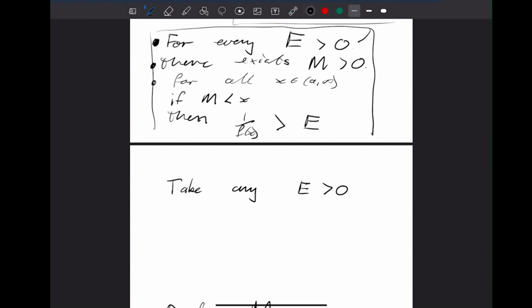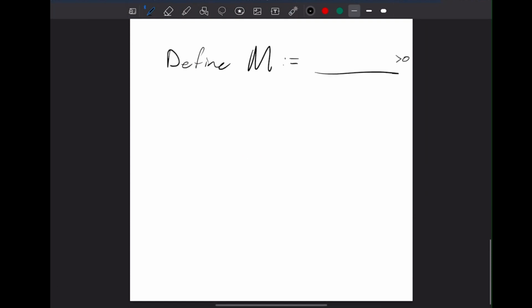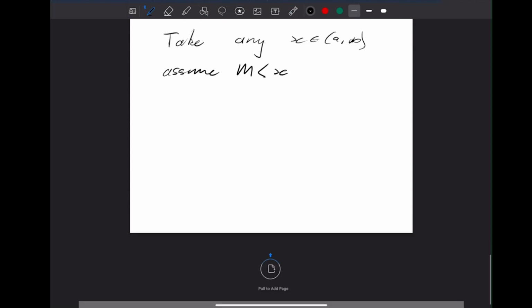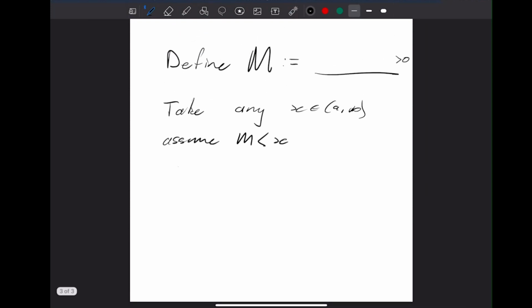Then we have to show for any x in the interval from a to infinity. So take any x in the domain of the function and assume that this x is bigger than m. And now what do we want to show?